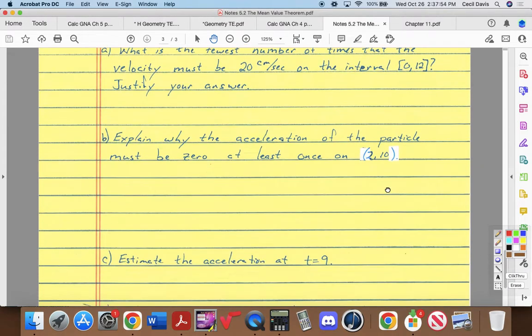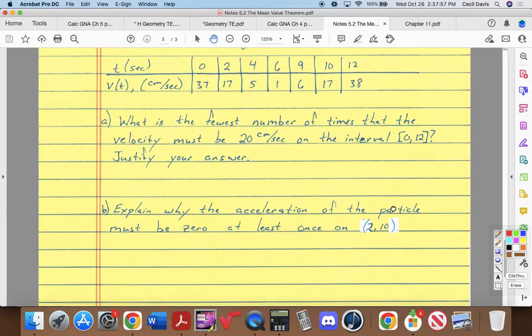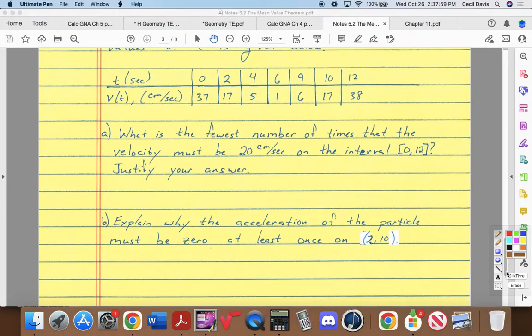All right, those were the two long parts of this. Estimate the acceleration at 9. Okay. Well, if I want the acceleration at 9 and I want to estimate it, well, the acceleration is the derivative of the velocity, right? I don't have a function to work with, so all I can do is find a slope that is the smallest. I'm going to use this interval. Why that interval? Because this is only a 1 second interval. If I go down to 6, it's much further away.